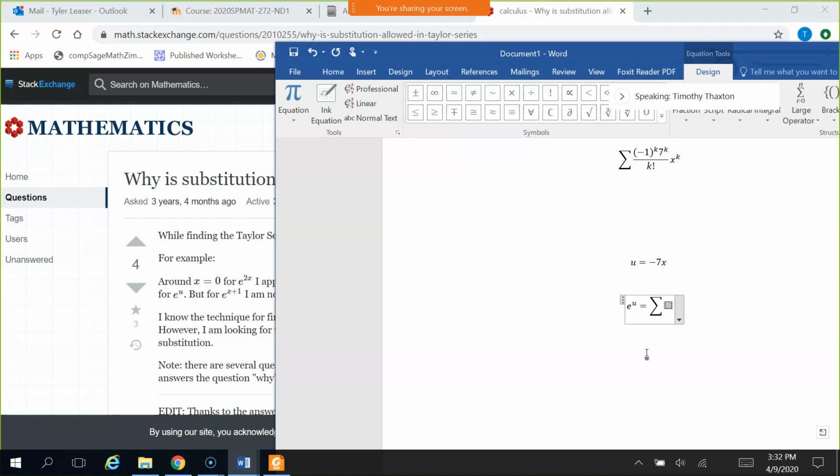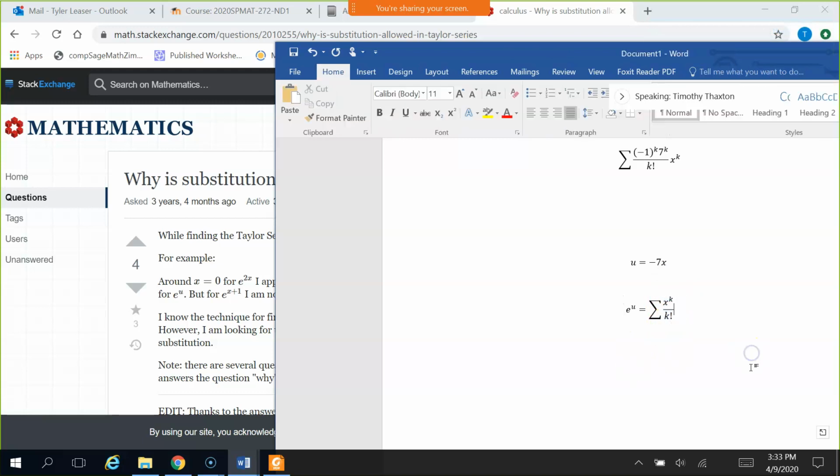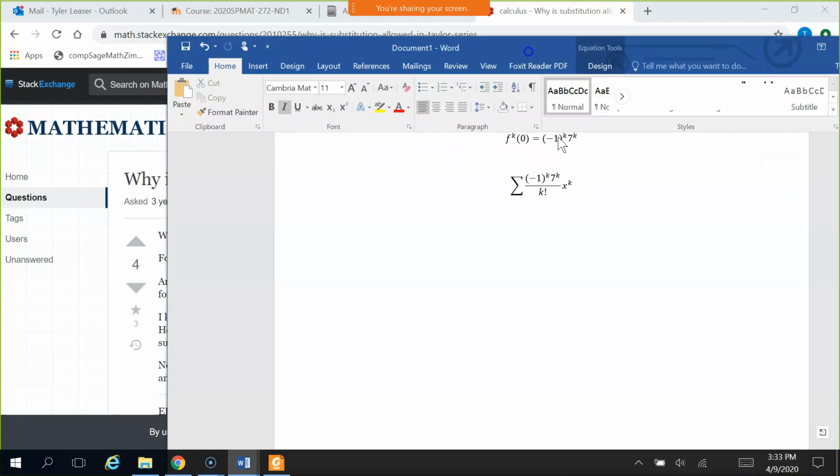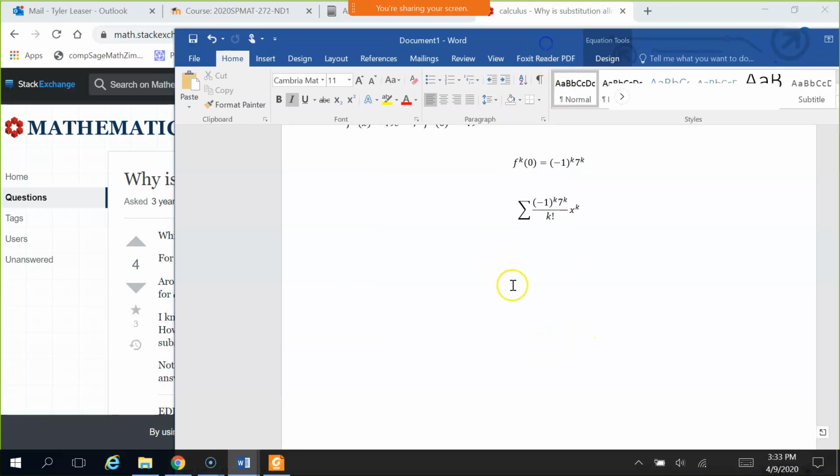E to the U would just be x to the k divided by k factorial. Like just like that. So there's a special trick to do with the U substitution into a Taylor series. Anyway, I didn't show it to you, so don't do it. Or don't try it.